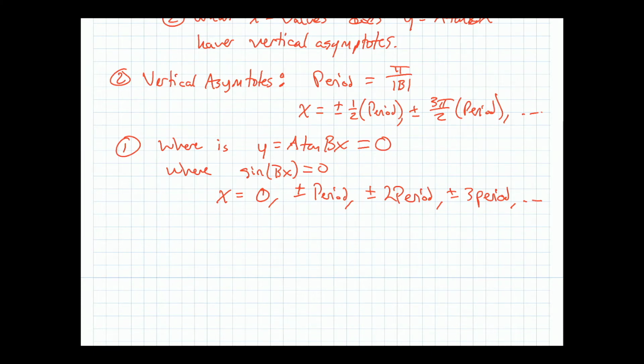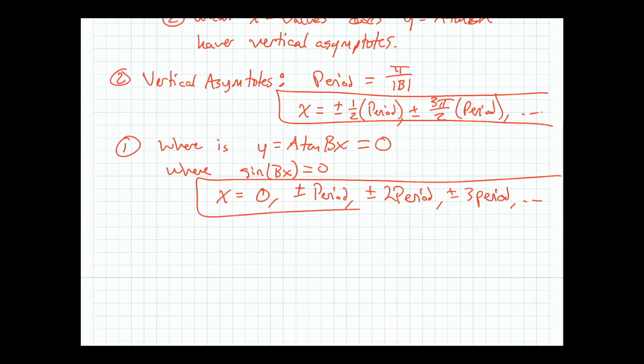And so if you compare these to these, all the odd, like 1/2, 3/2, 5/2 periods are vertical asymptotes, and all the even 1/2 periods, if you'll call them that, 0 period, 1 period, 2 period, 3 period, those are where it's 0.